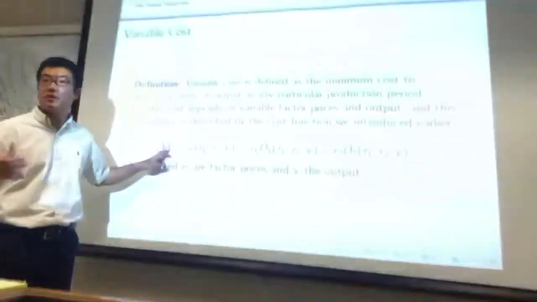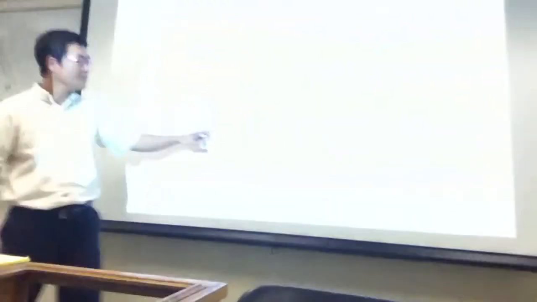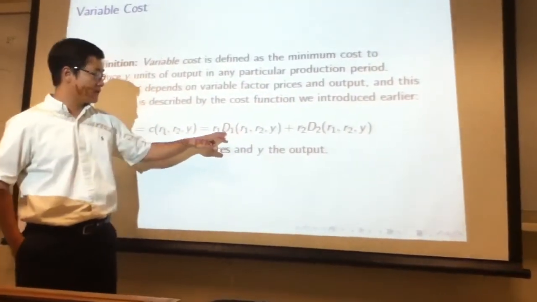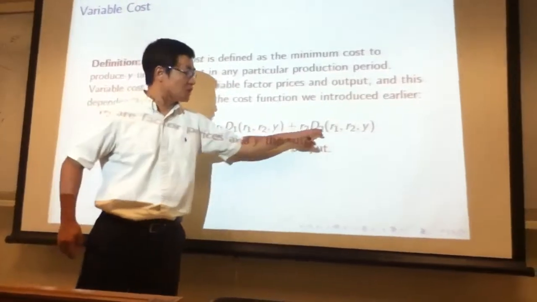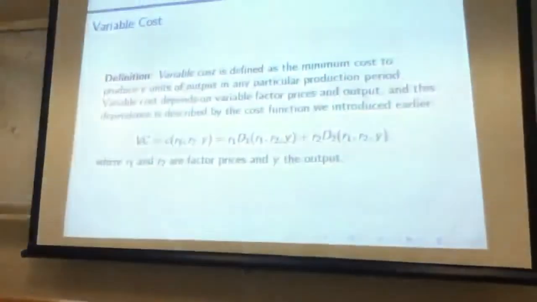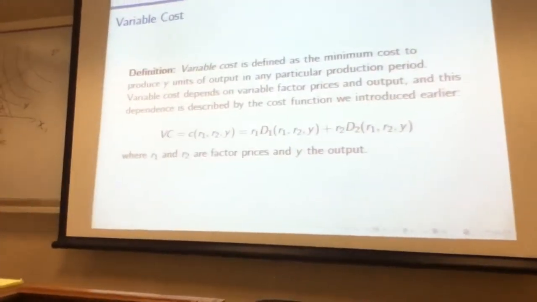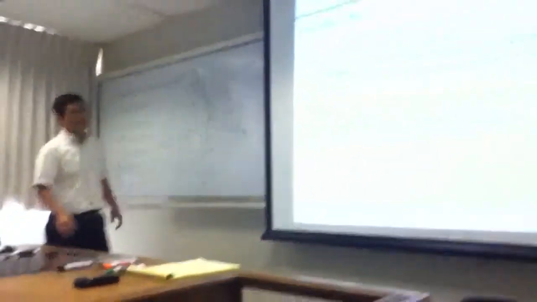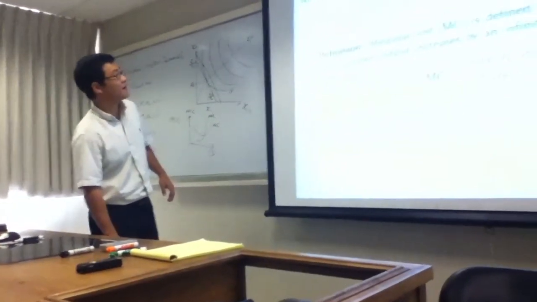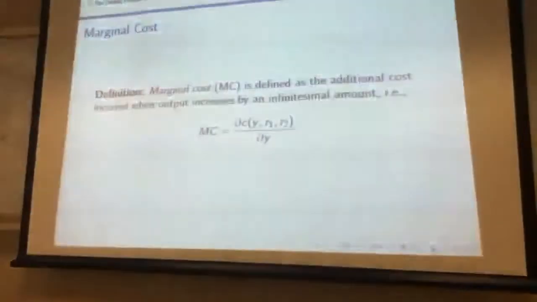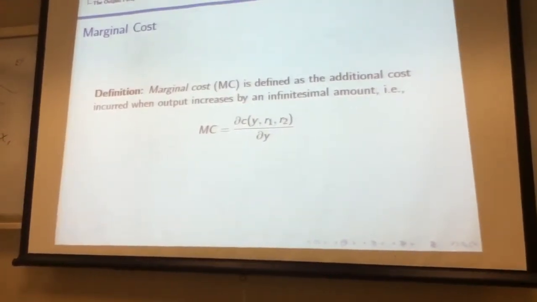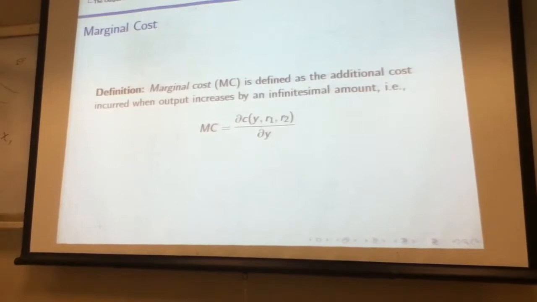It's minimal variable cost. It's R1 times the factor demand for factor 1, plus R2 times the quantity of factor 2. That's variable cost. Variable cost is this cost function we derived earlier. Now, marginal cost. Marginal cost is defined as the additional cost incurred when output increases by an infinitesimal amount.